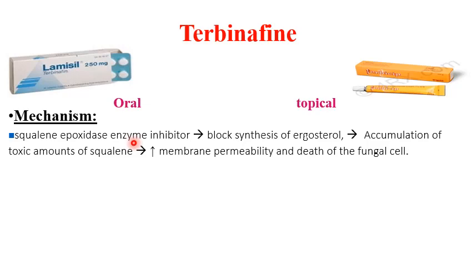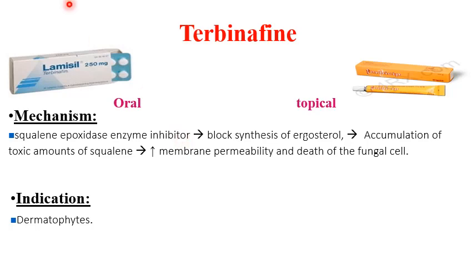In comparison to azoles, it's very safe, as our body doesn't contain the squalene epoxidase enzyme, unlike cytochrome P450, so it is very safe when used in patients with fungal infection, not like azoles that target the cytochrome that is also present in our body. This is a very helpful, very safe drug, the drug number one in treatment of tinea or dermatophytes. It is used in many formulations, either oral or topical, and it is very safe in comparison to azoles.